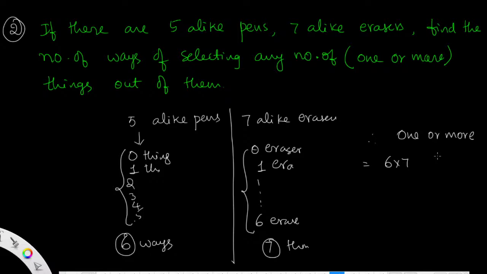Okay, what is the question? The next one is also there. 5 alike pens, 7 alike erasers, and pencils are given. So 6 alike pencils are also given in the question.